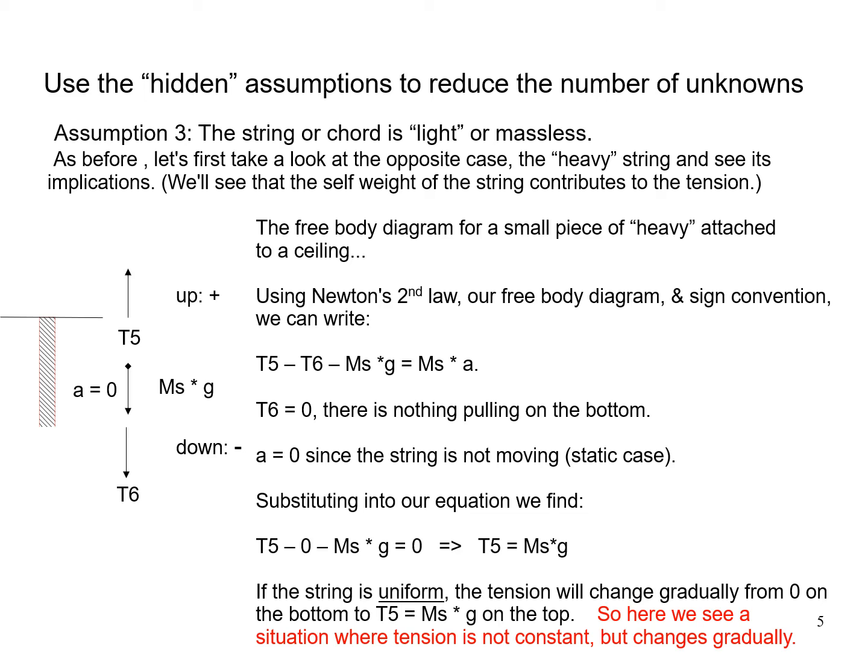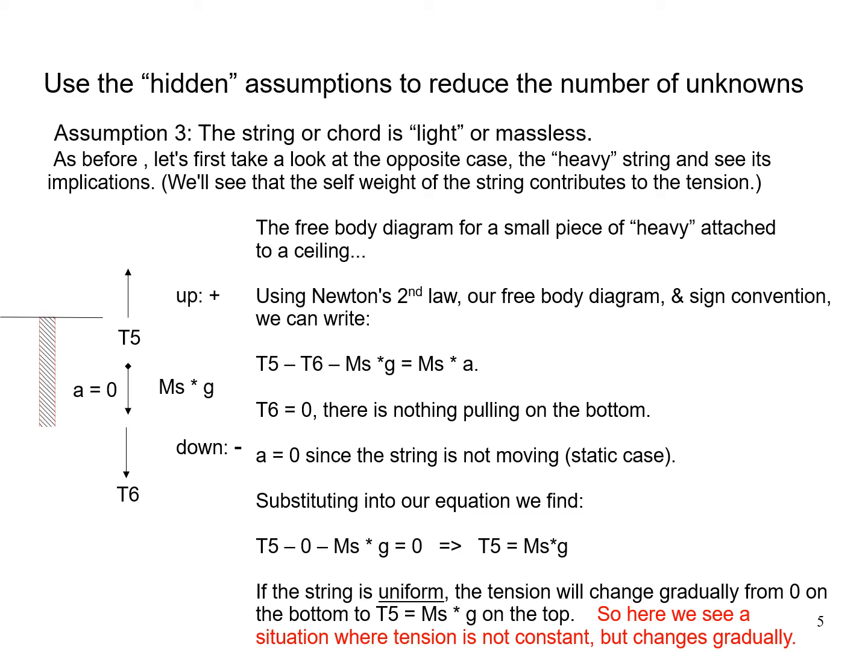Now, using Newton's second law and our force diagram and our up is positive sign convention, we can write positive T5 minus T6 minus capital M sub s times g equals positive M sub s times a. Now, since this is a static problem, the string is not moving. Therefore, a equals 0. This means that the term on the right goes away. Since T6 is also 0, we have that T5 equals m_s times g.